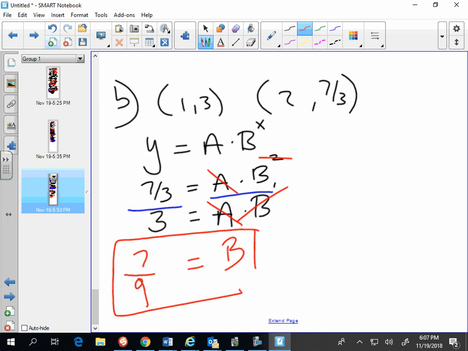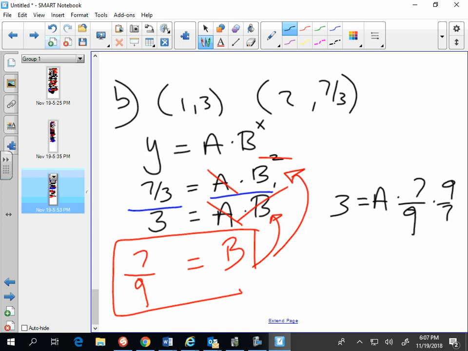All I need to do is find a. And because I'm using elimination here, I can plug this b back into either of these equations to help me solve for a. This bottom equation looks easier, so I'm going to use that one. 3 equals a times 7/9, right? Because b is equal to 7/9. I'll multiply both sides by 9/7, and I end up with 27/7 equals a.